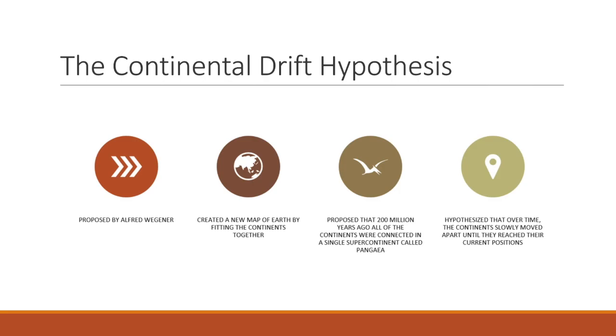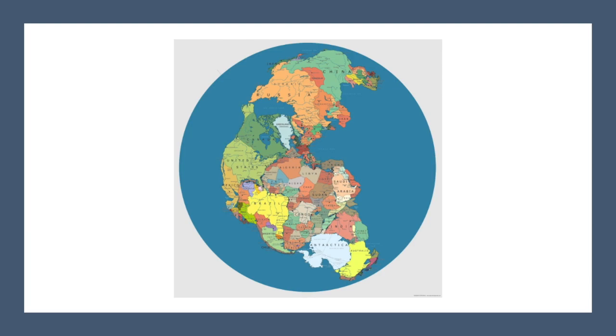He hypothesized that over time, the continents slowly moved apart until they reached their current positions. So here's Pangaea. We've got North America, South America, Africa, Antarctica, Australia, Asia, and still another part of Asia and Europe here.